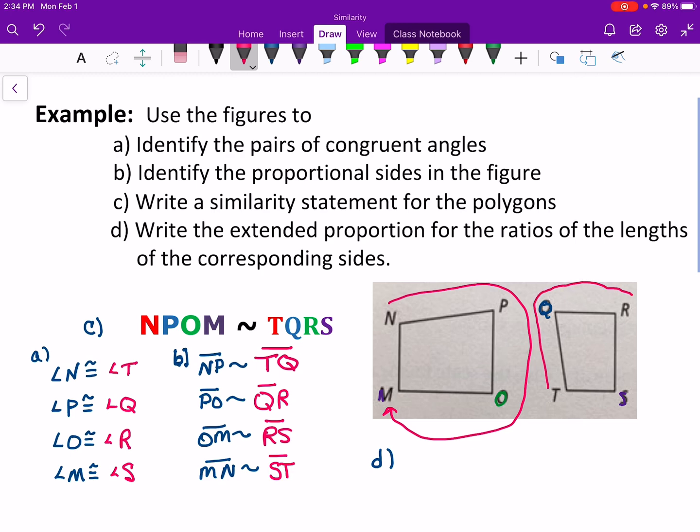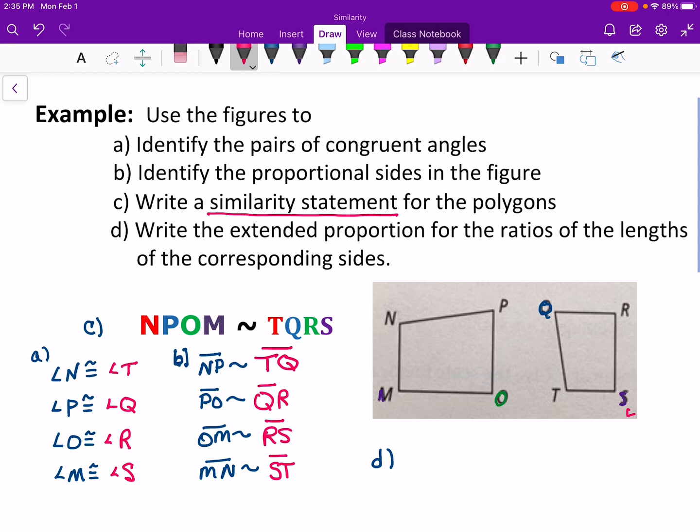O corresponds with R, and then M corresponds with S. And we can see that in the name, corresponding angles are in corresponding positions. If you write that name first, you'll be able to get the sides of the angles from that name, and that's called a similarity statement. It says one polygon is similar to another polygon.